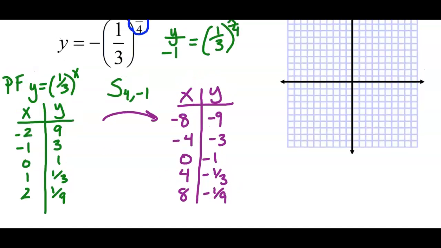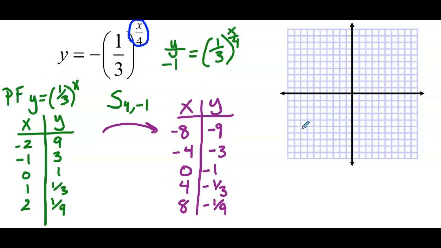Okay, so let's plot these points. So (-8, -9), all the way down there. (-4, -3), (0, -1), (4, -1/3), and (8, -1/9).